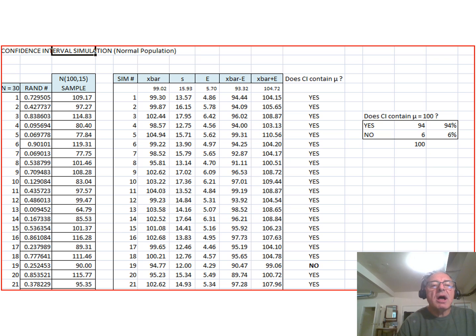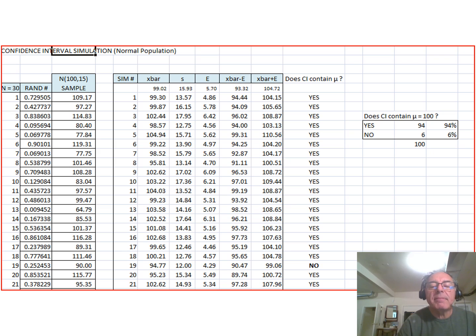So here I know what mean I'm expecting. I'm expecting a mean of 100, and I'm sampling from this distribution whose mean is 100. And then I'm asking for each time I do this, does my confidence interval of X bar minus margin of error contain mu? Here's a place where it didn't.